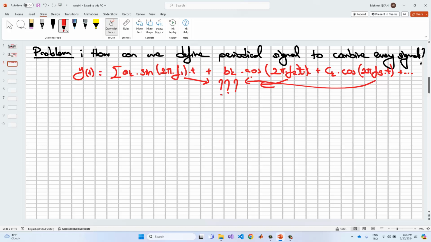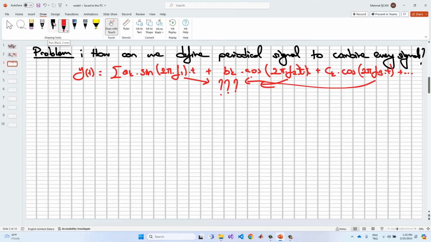This is the problem, because if you have a signal with noise or an unknown pattern, it always contains this pattern. We know that.